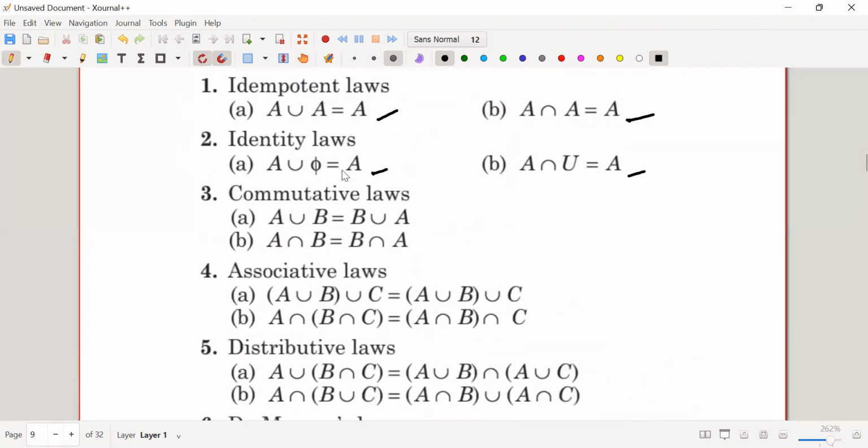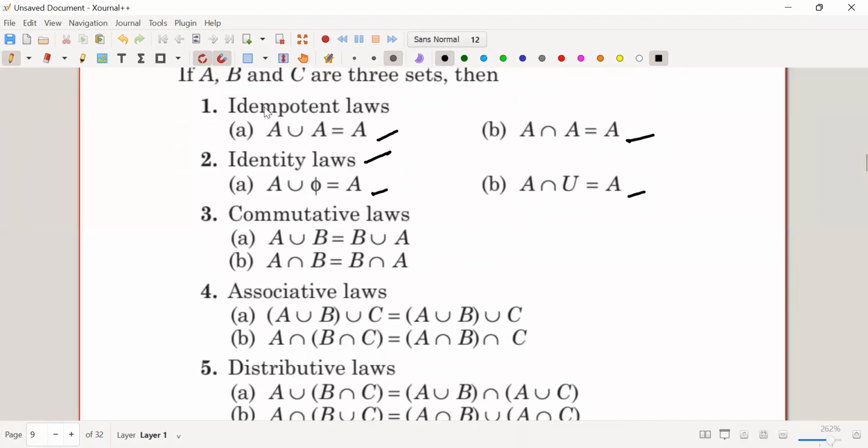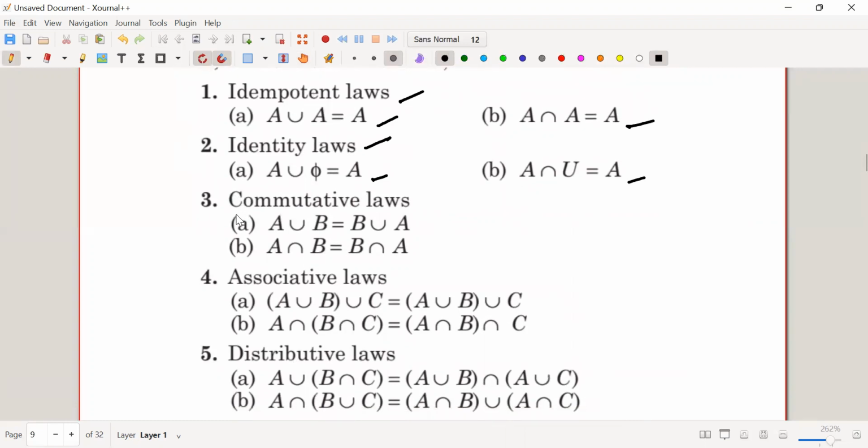Okay, identity laws. Those laws are known as identity laws. This is known as the idempotent law. Sorry, idempotent.